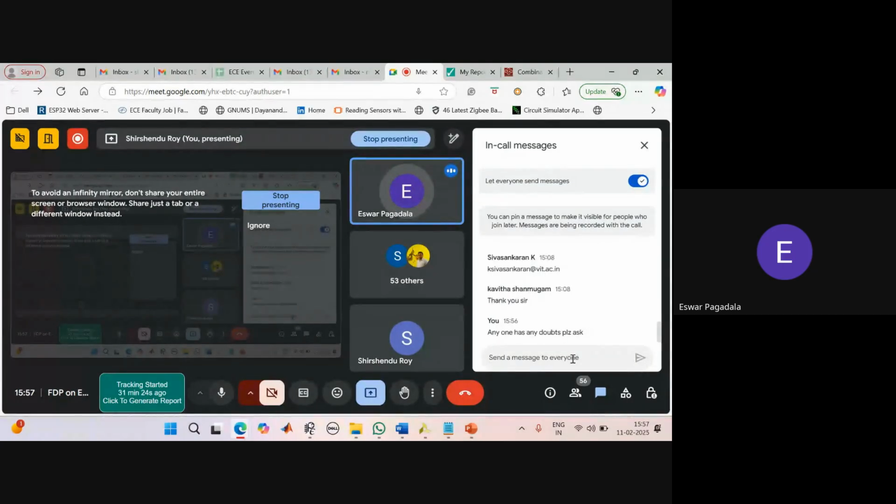See, everywhere you require both positive and negative, because your input signal may be positive or negative. That time you have to compute both the function, minus x also, plus x also. Okay, sir. Any other doubt?